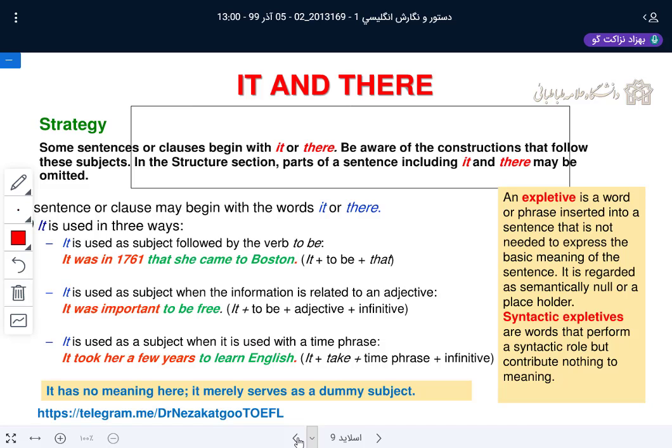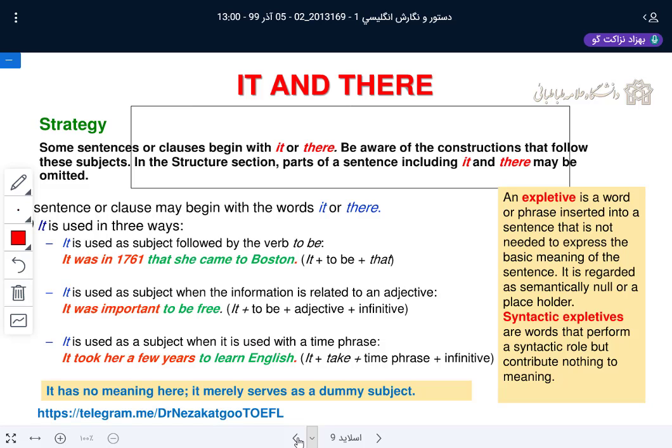It is there to fill that place. Okay, semantically, it's a null word, or a placeholder. It just comes and fills the place of subject because we expect to see the subject before the verb in a declarative sentence.